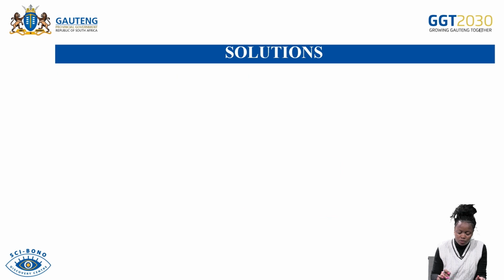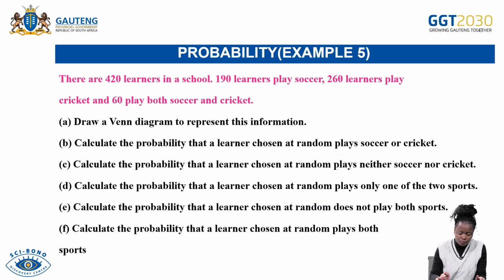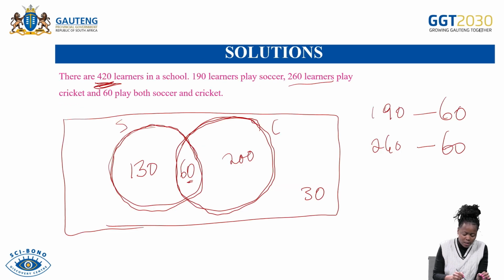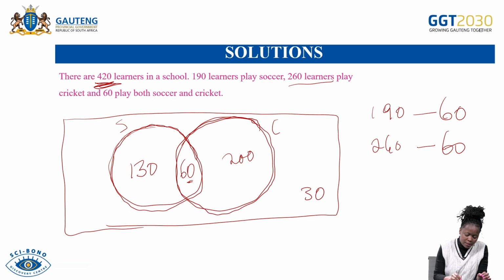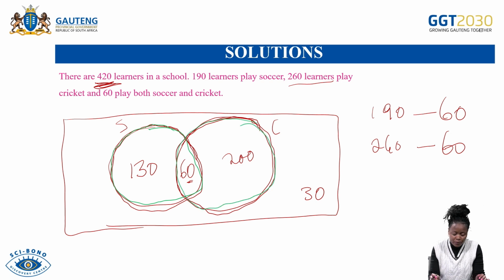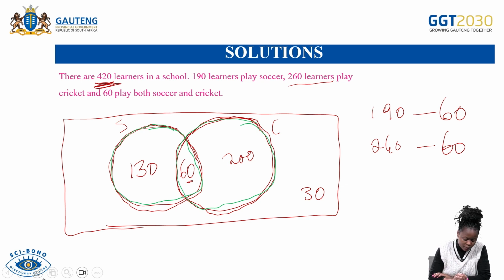Okay, let's look at the questions. The first question was saying, calculate the probability that a learner chosen at random plays soccer or cricket. So it's either soccer or cricket. Remember we said soccer is everything in here, and cricket is everything in here. So it includes your intersection, because it's everything in soccer or cricket.